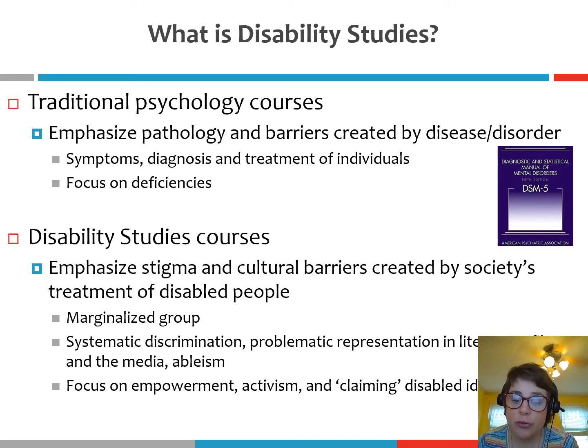So traditional psychology, or the field of psychology, predominantly operates from what's called the medical model or disease model. Whereas disability studies, the focus is very different. So instead of focusing on individual symptoms and talking about disability in terms of deficiencies, right? So instead of saying that a paralyzed person is deficient in sensation, right?